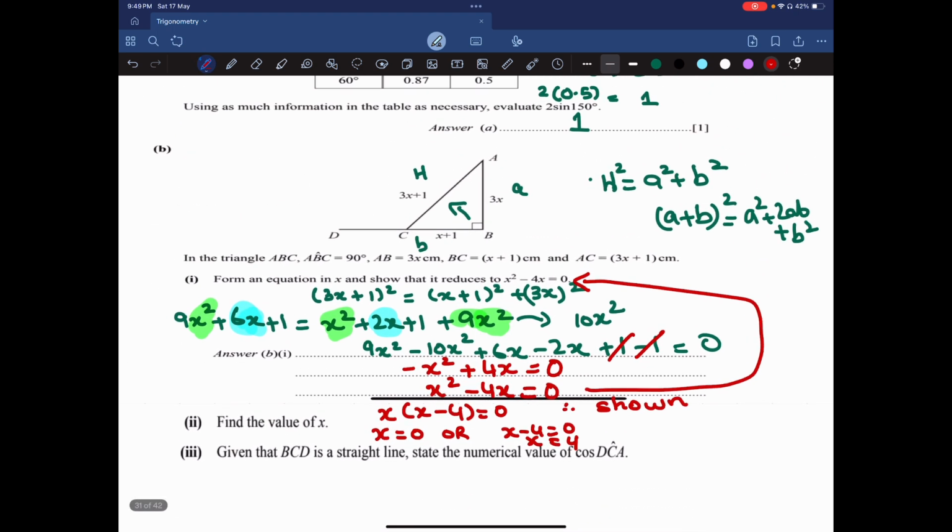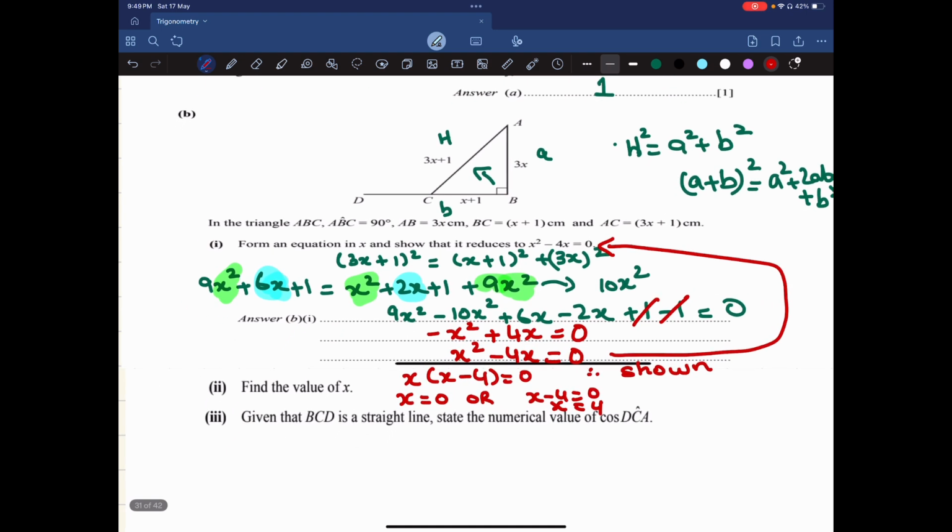Okay. Given that BCD is a straight line, state the numerical value of cos of DCA. DCA. Okay, so we have to find this angle. And why are they stating that it is a straight line? So that you have no confusion or doubt about the fact that these angles are going to be supplementary angles. Okay, so this is the acute angle and this is the respective obtuse angle.